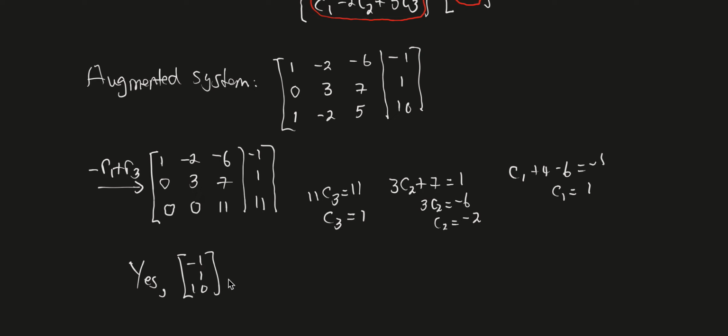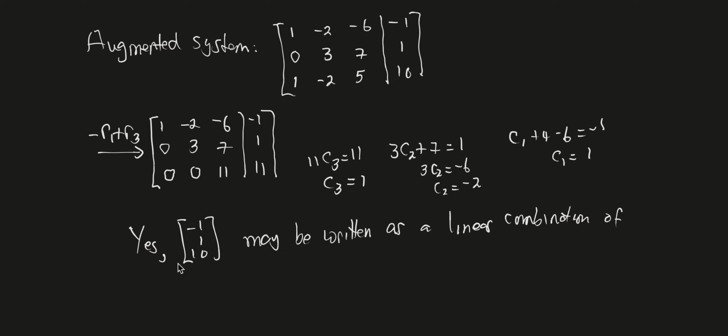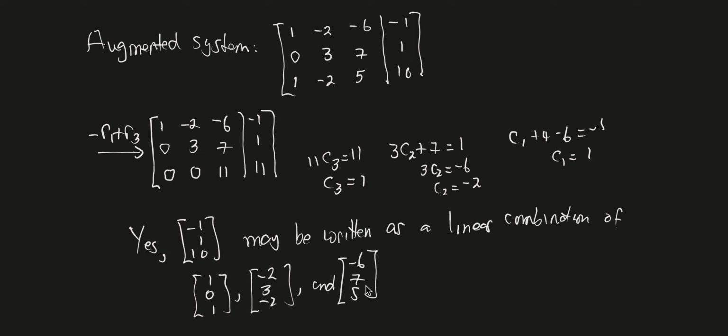So yes, this column may be written as a linear combination of, again, those three columns. So 1, 0, 1, negative 2, 3, negative 2, and negative 6, 7, 5, right?